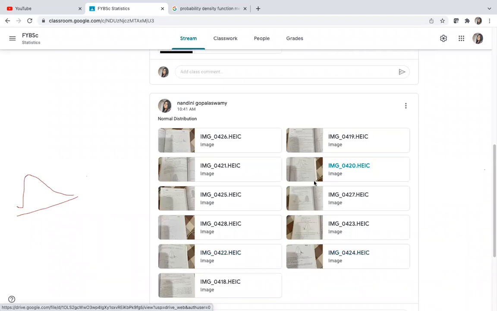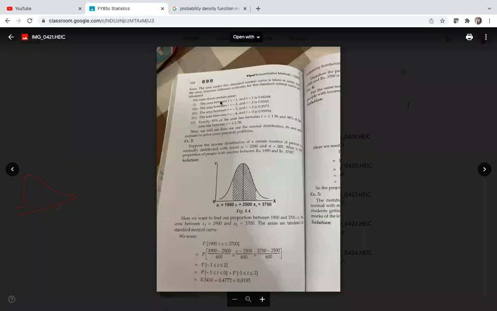Now, what happens here is we are going to take the value of t. What is t? The area under the normal curve. These are standard tabulated values. They've already calculated them and provided them to us.